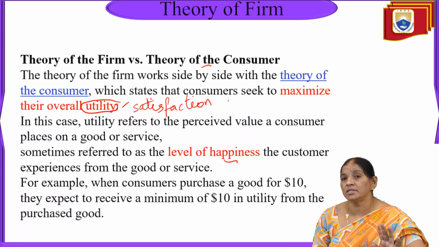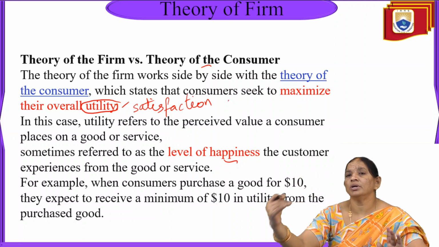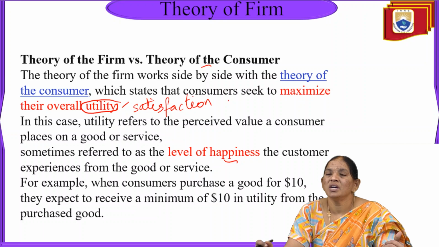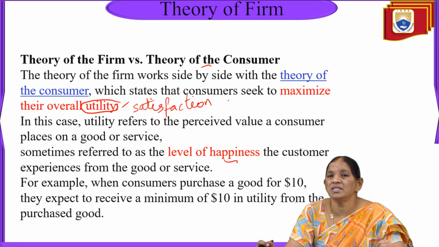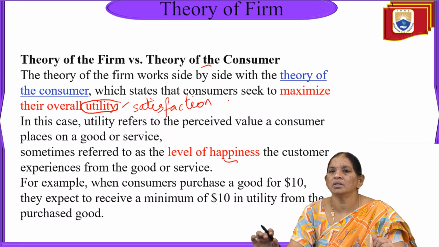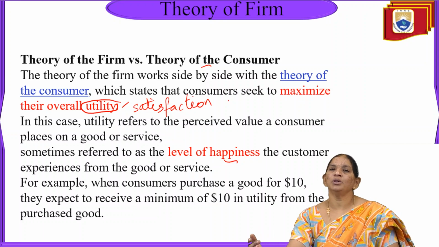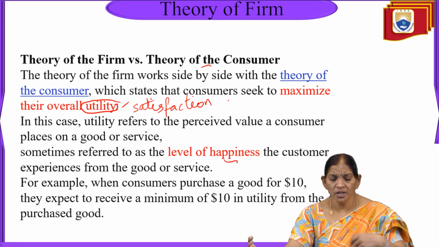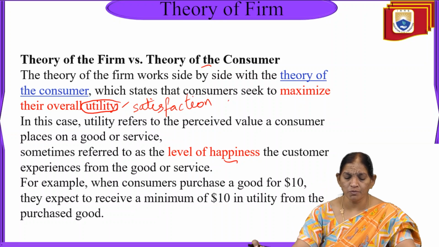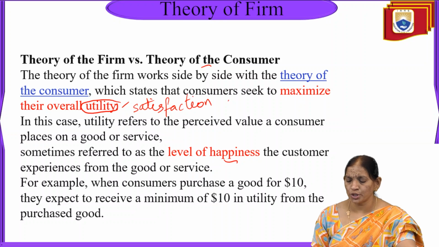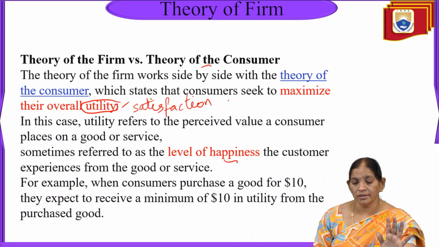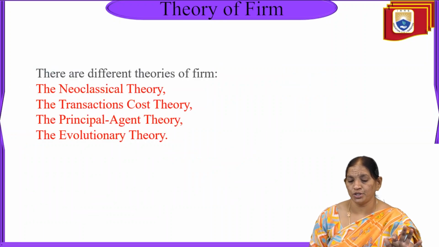If the consumer is happy, he wants to repurchase the goods. If the consumer is dissatisfied, even if the goods are good, he doesn't want to purchase again and again. When a consumer buys goods for 10, he expects to receive satisfaction or utility worth the value of 10.